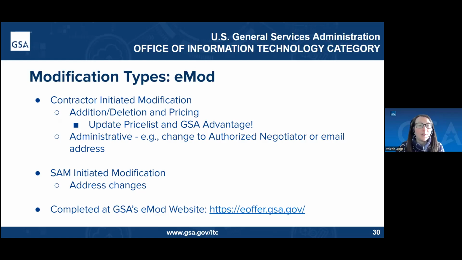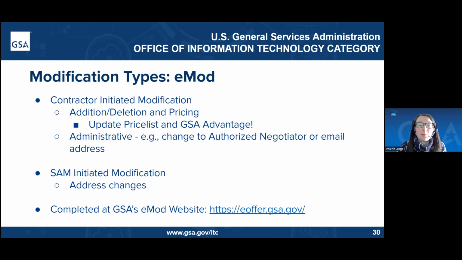There are also SAM-initiated modifications, and these are typically for address changes. So if your company's address changes, what you should do is update the company address in sam.gov. And when sam.gov updates, then GSA's system automatically generates a modification to ensure that your address in GSA's system matches what's in sam.gov.